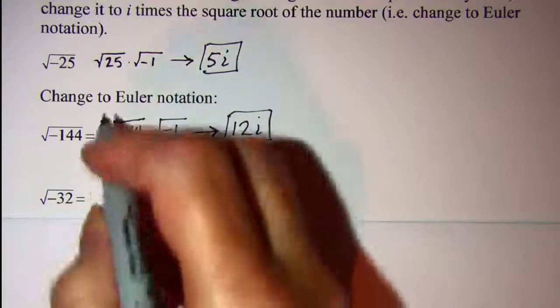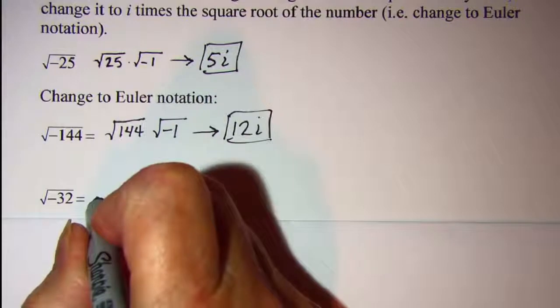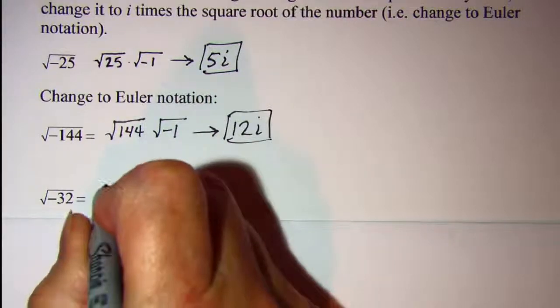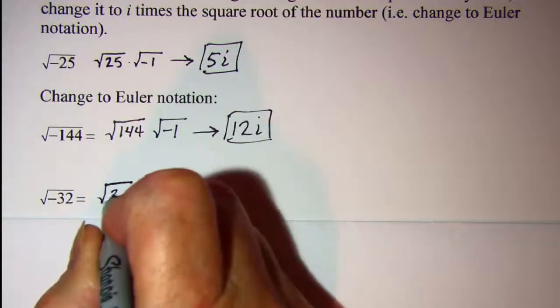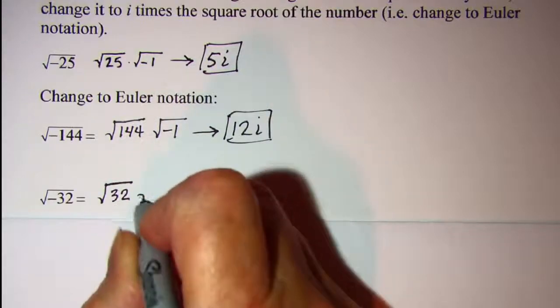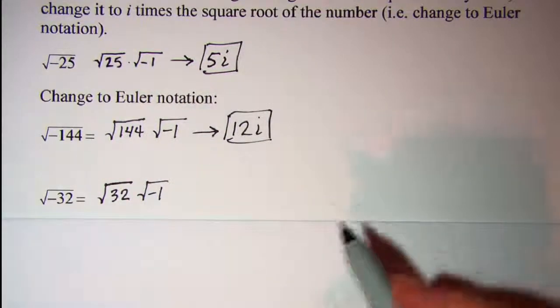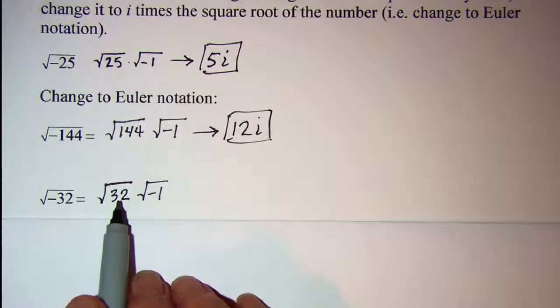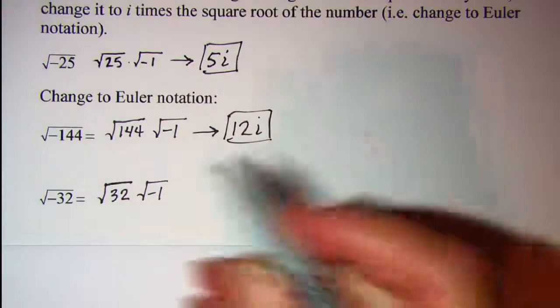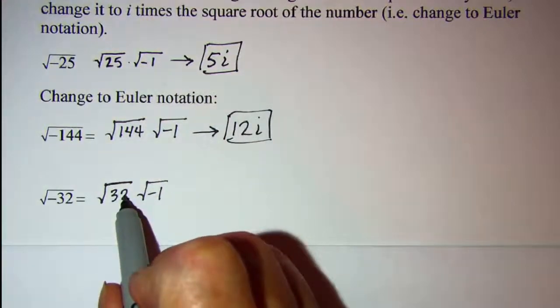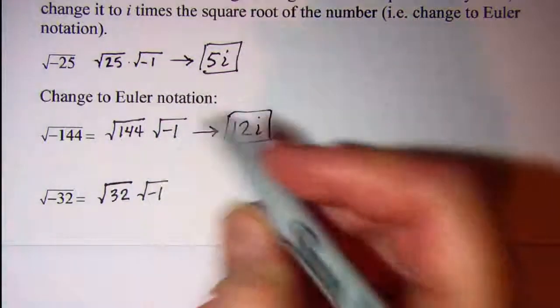The square root of -32 we can change to the square root of 32 times the square root of -1, and 32 is 2 times 16.